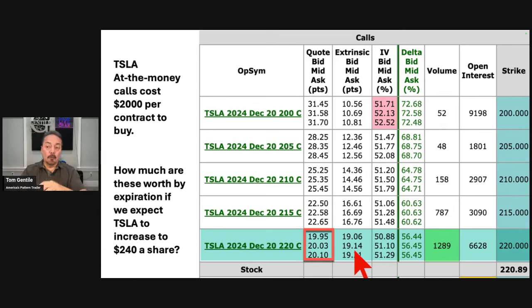And if we go to 240, how much are they going to be worth? What's the minimum value of a 220 call if the stock price goes to 240? 20. If you paid 20 for something that by December 20th, if we're at 220, you're basically breaking even. So I look at this one, and we've spotted the opportunity.